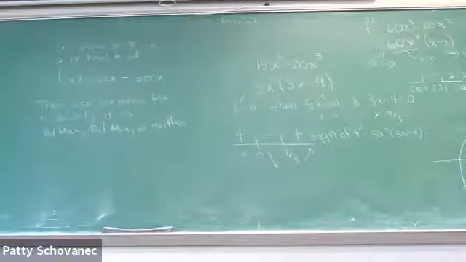X is equal to pi is a critical number. Cosine of x minus the secant of x.